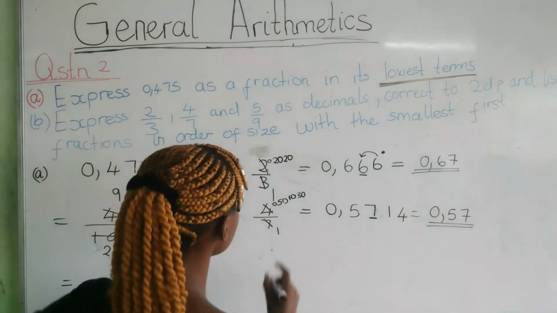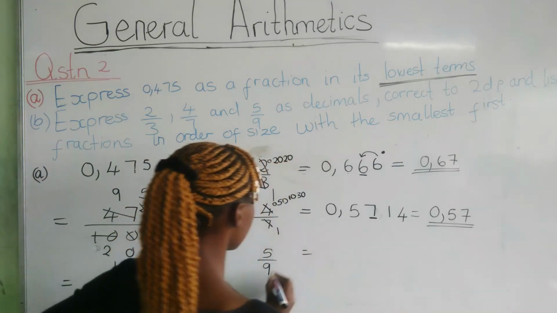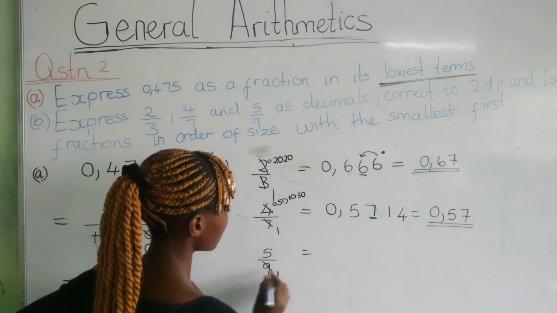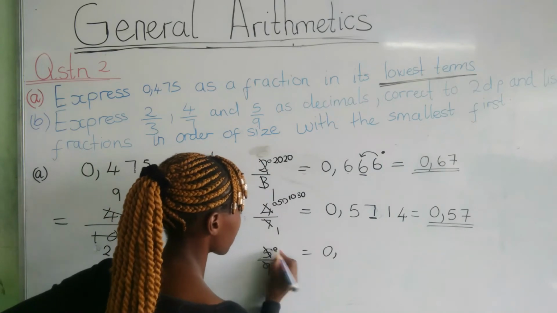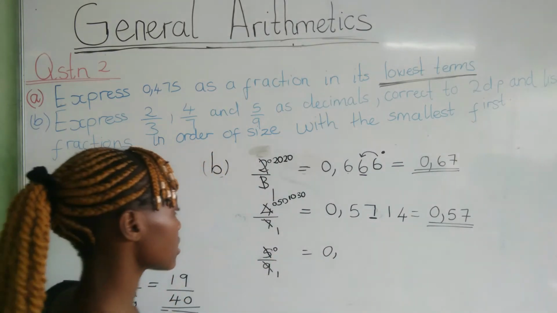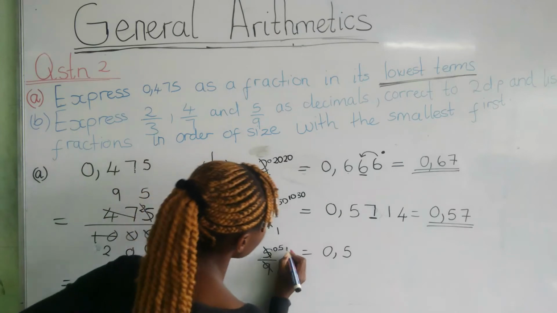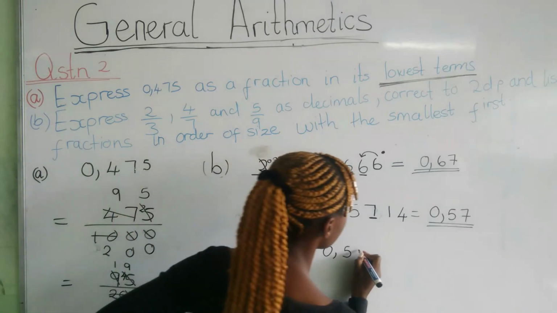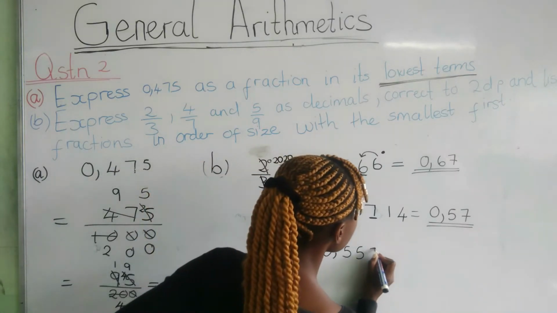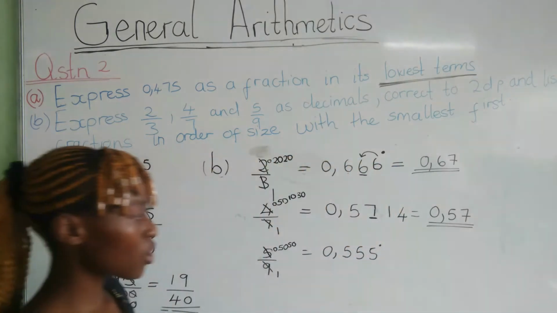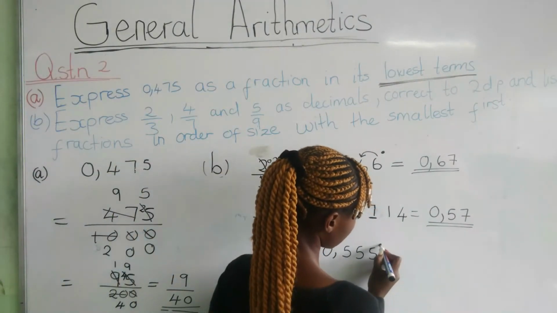Okay, so for 5 over 9, it is equal to 9 into 9 is 1, 9 into 5 it's 0, 9 into 50 we add a 0 here. 9 into 50 it's a 5, 45, leaving another remainder of 5. 9 into 5 it can't, we add a 0, 9 into 50 it's 5 again, remainder 5 again, we add another 0, and as we can see it's a recurring decimal, so we put a dot here showing that it's recurring.